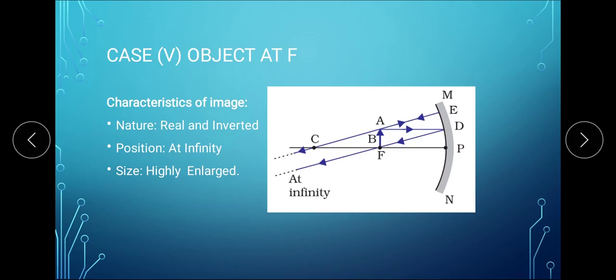They will never meet. Since the rays will never meet, we will assume that they will meet at infinity. That means the position of image is at infinity, and the nature of image is real and inverted. Since the image is formed at infinity, it will be highly enlarged. Right students? So this is your case fifth.